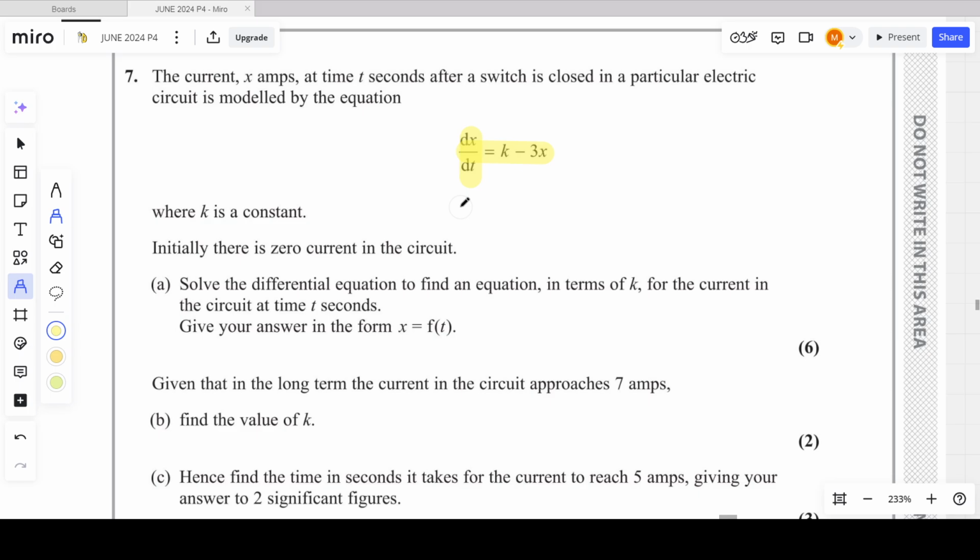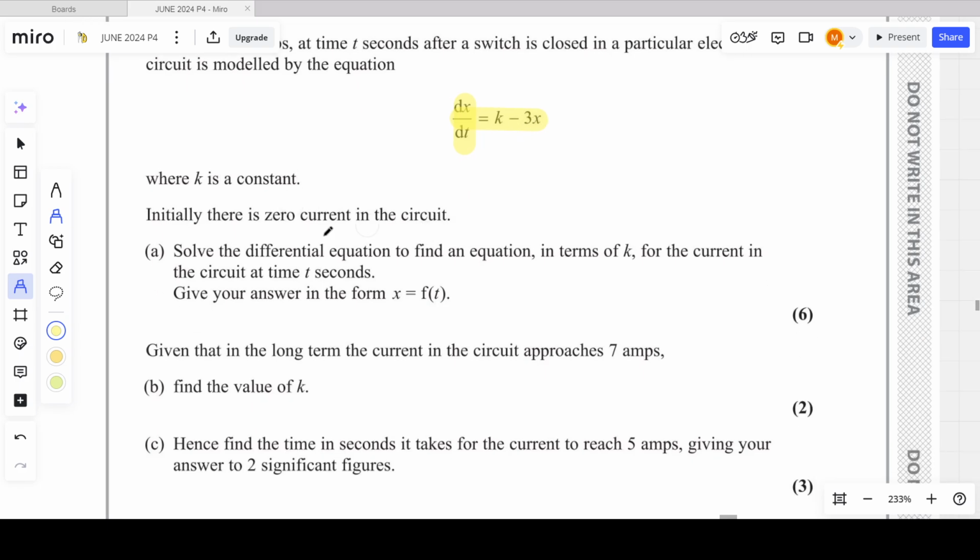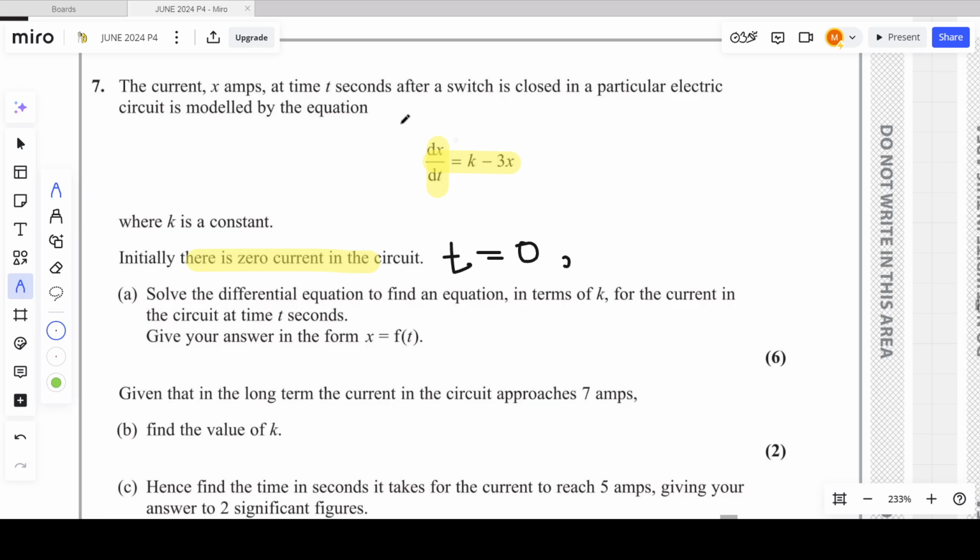So the equation used to model the current in a circuit t seconds after it has been closed is given by this equation, where k is a constant. Initially there is zero current in the circuit. That means when t equals 0, the current, which is x, equals 0. Initially there is no current in the circuit.